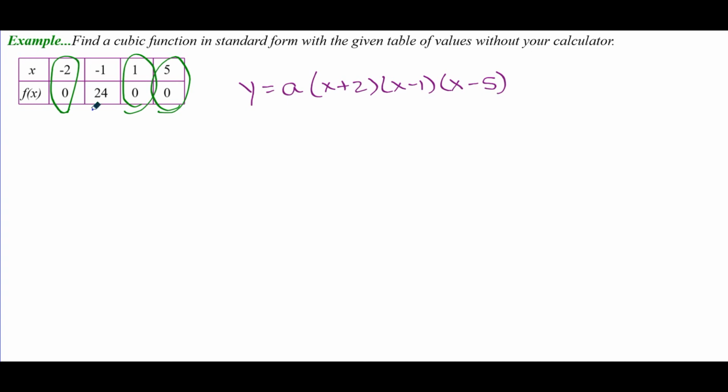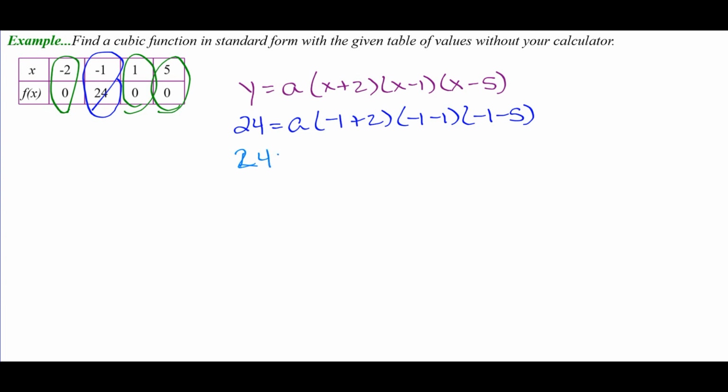Then I'm going to take this additional point and I'm going to plug it in for x and y. So I'm going to put the 24 in for y equals a, and then I'm going to plug the negative 1 in for each of the x's. And now I'm just going to solve for a. So here I'm going to have 24 equals a, and then this is going to give me 1 times negative 2 times negative 6.